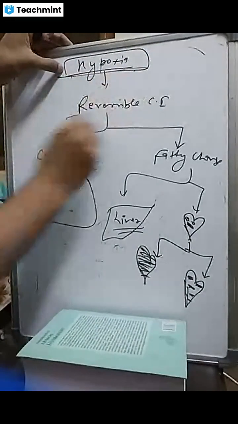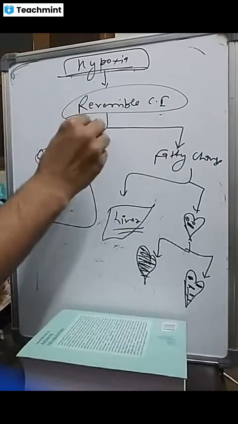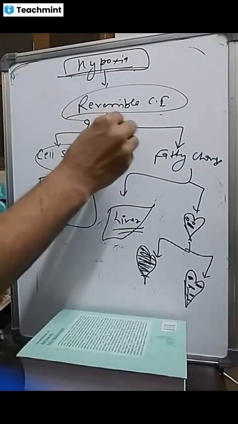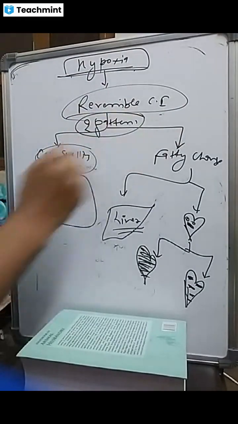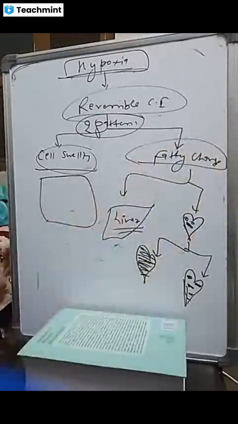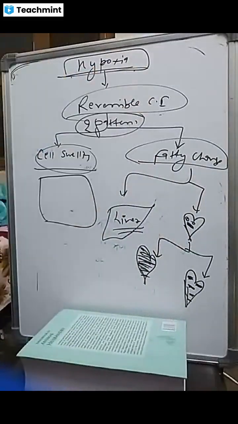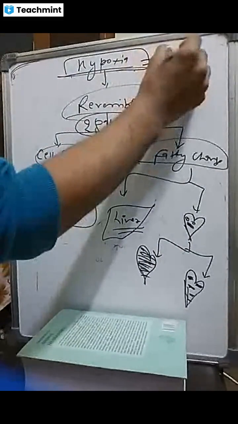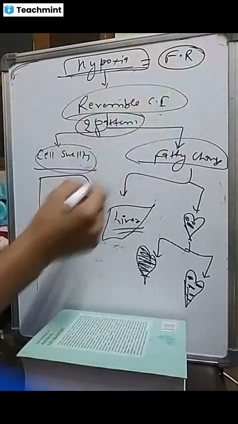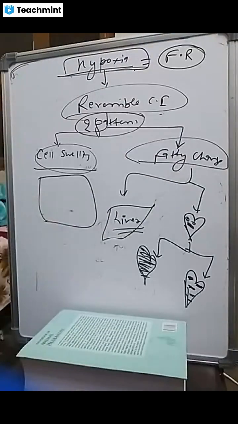So in case of hypoxia or liver injury, these are the two fundamental patterns seen. After hypoxia, we will see the second cause, free radicals, which may lead to changes in the cell.